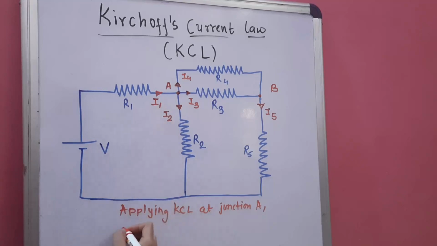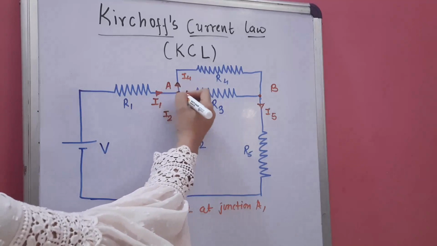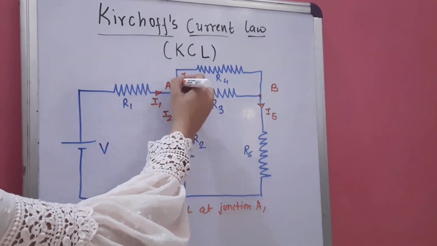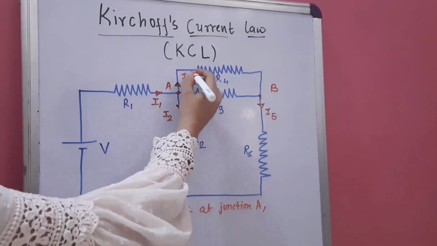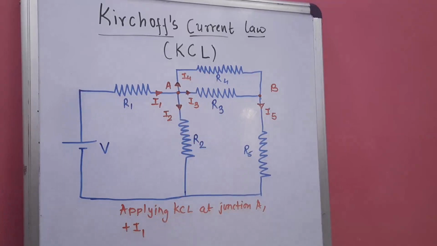So for I1 the sign will be positive, I1 is incoming towards the junction, and I2, I3 and I4 are moving out from the junction. So I can take negative sign for them. So minus of I2, minus of I3, minus of I4 is equal to 0. So this is the equation of KCL for junction A.